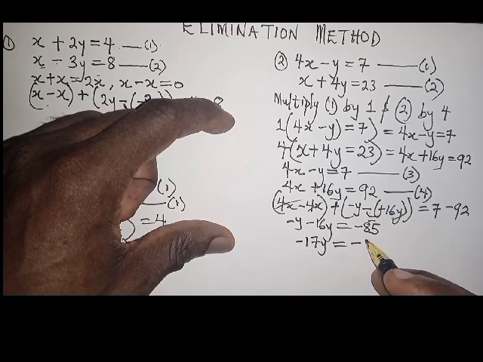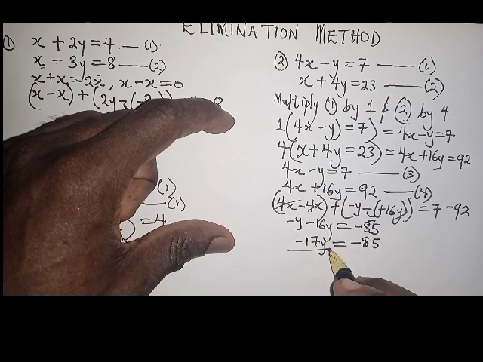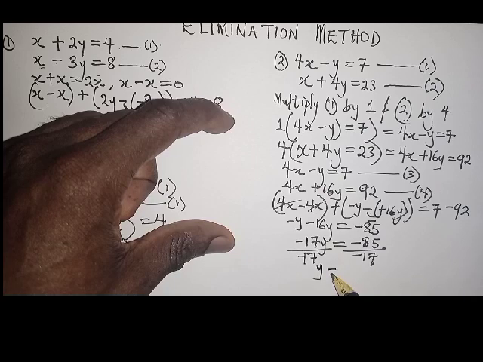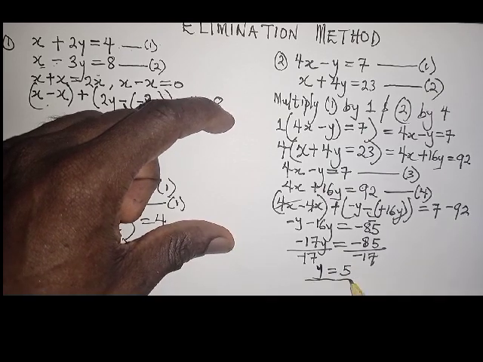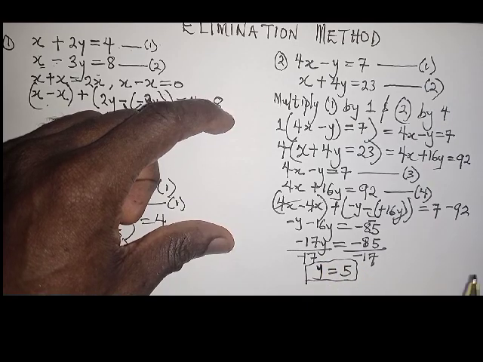So minus 17y equals minus 85. If I divide through by the coefficient of y, which is minus 17, then I'll be left with the value of y as 5. So that is the value for y.